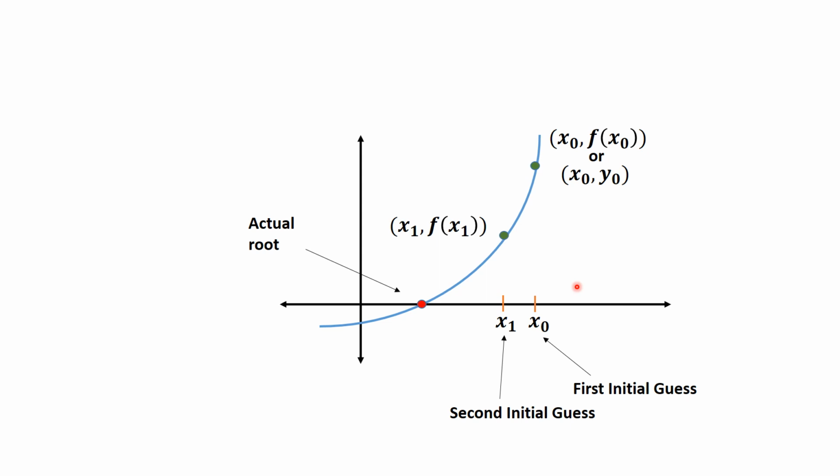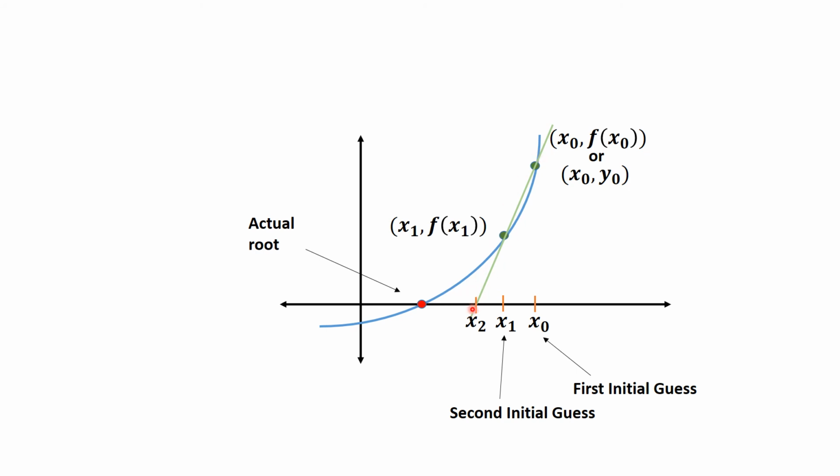Doesn't matter at all. And we have 2 points, x1 and x0, corresponding x1, f of x1 and x0, f of x0, or x0 y0, x1 y1. So now students, we just make a secant line. You can see that this straight line crosses these 2 points.